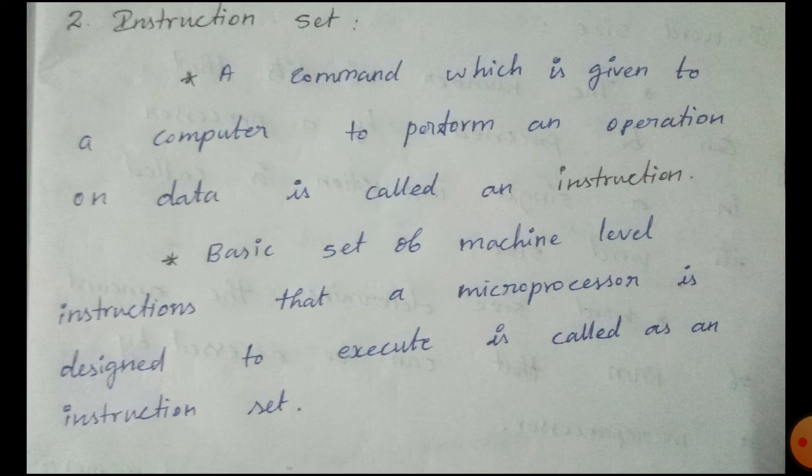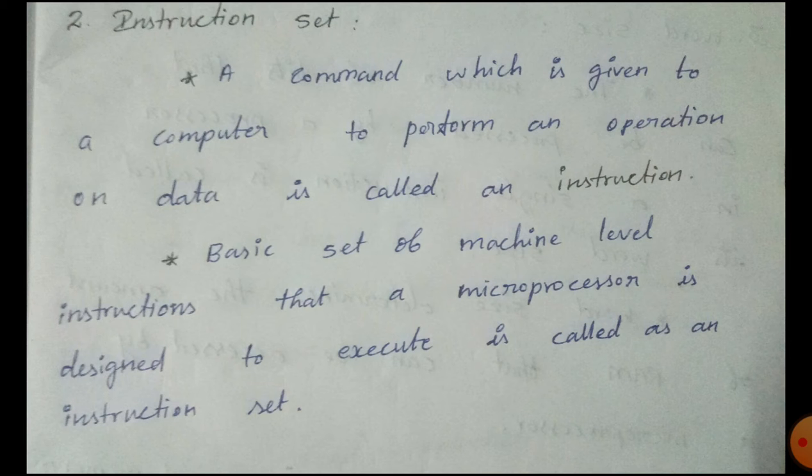The basic set of machine level instructions that a microprocessor is designed to execute is called an instruction set. An instruction set is a group of commands for a CPU in machine language. That's all. Okay, this is a simple definition of instruction set.